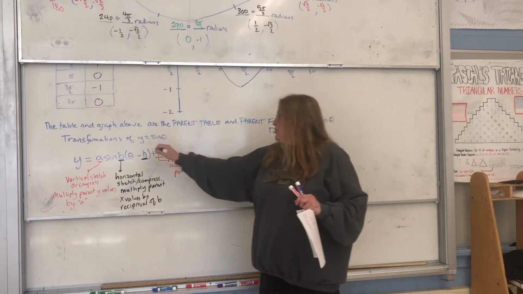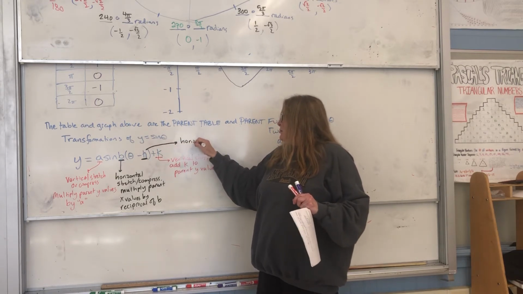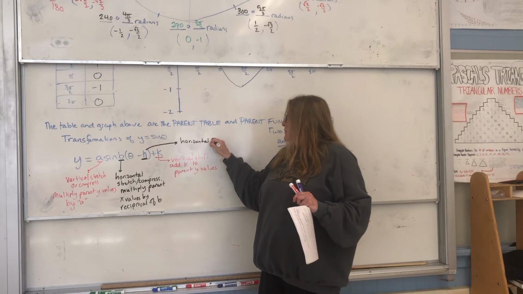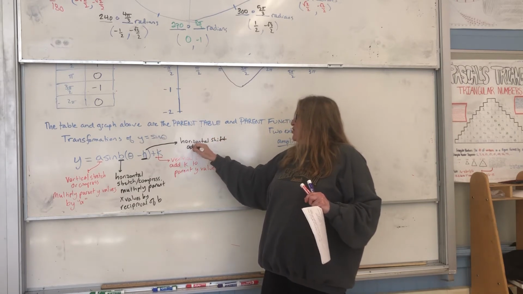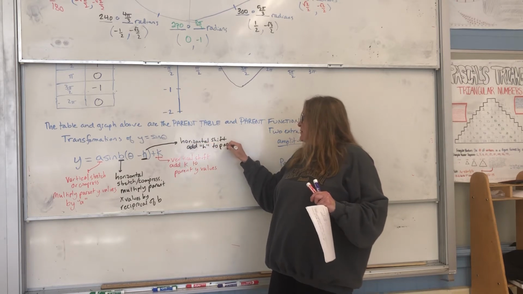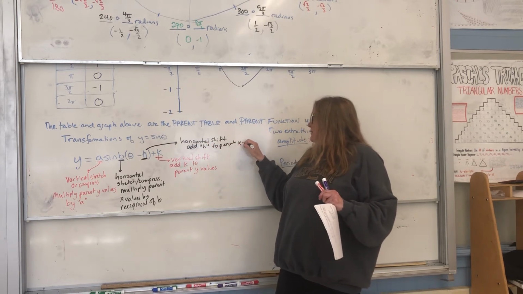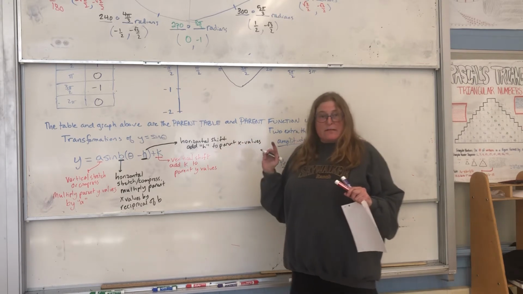Right, and H is our horizontal shift. And what I'm going to do is I'm going to add H to the parent x values. Now, if you're looking at the filled in notes, I already wrote all that.